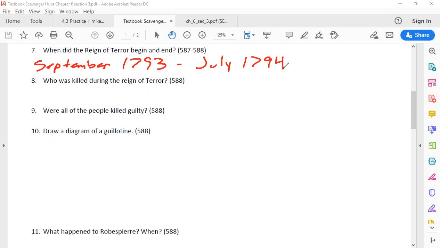So nearly a year, it was just constant fear and terror and murder. Anyone accused of going against the French Revolution, especially if people had some wealth, they were in fear of being dragged out of their homes and killed by the crowds, by the mobs of Paris. There was a lot of political dissent. There were different political groups called the Jacobins. There was Le Montagne.